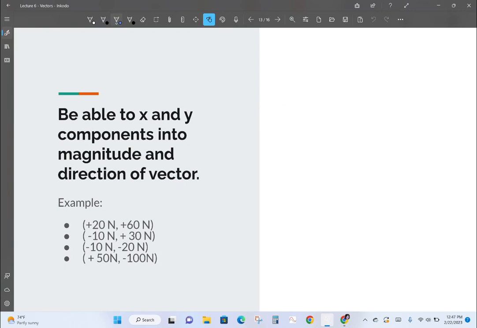You also need to go backwards. If I give you the x and the y, you should be able to find the magnitude r and the direction. So let's do just a couple of these to see if we understand what's going on. The first one I'm going to do has an x of positive 20 and a y of positive 60. So x, y, and this is my r.